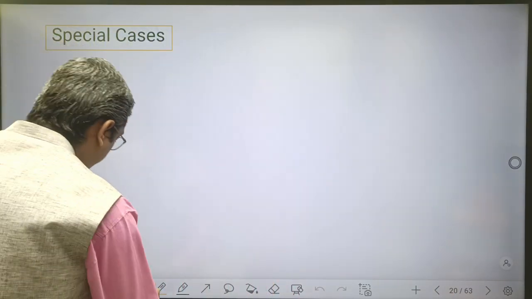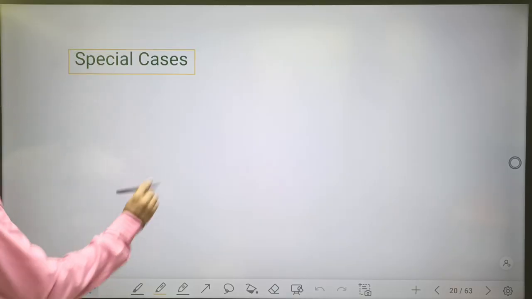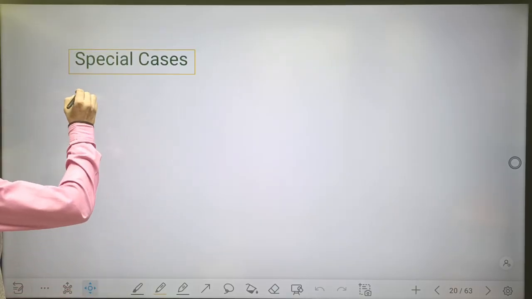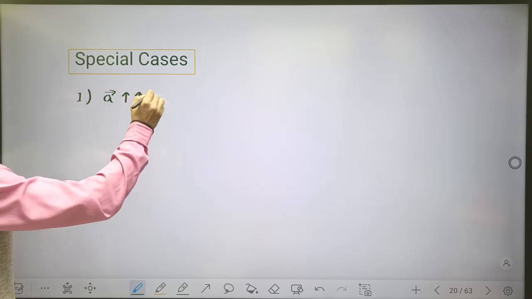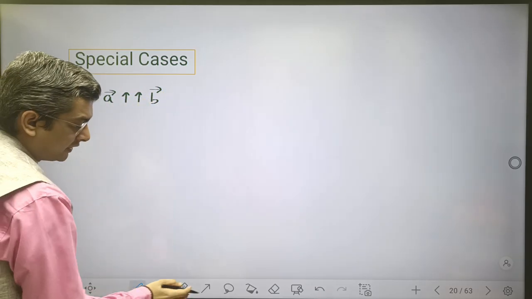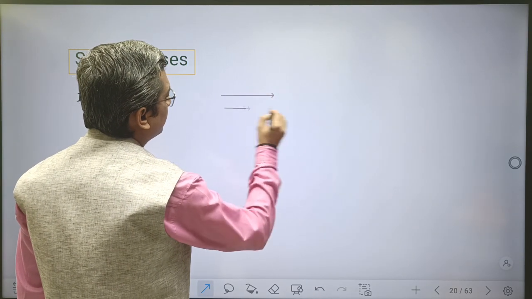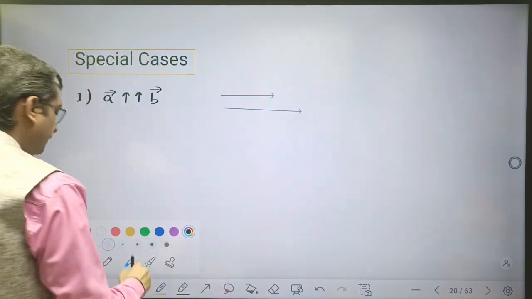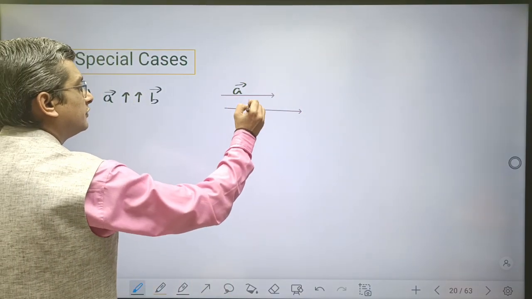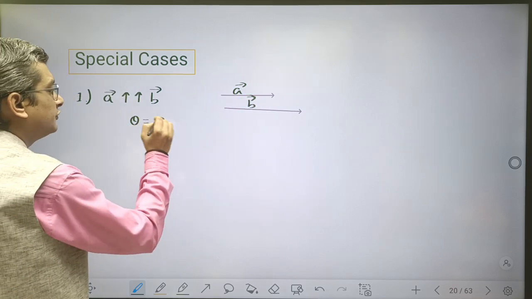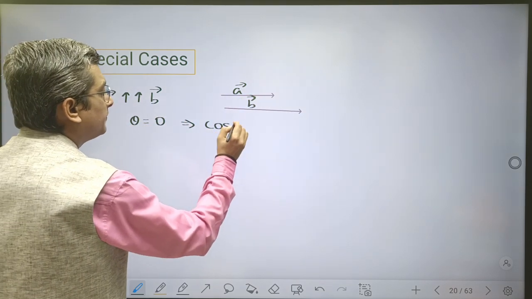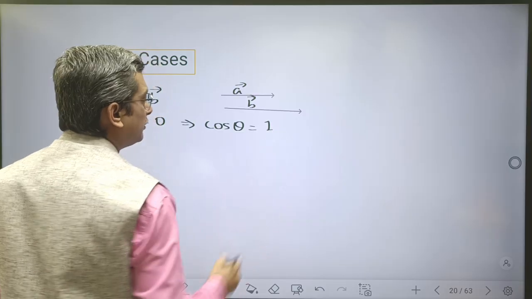Now special cases, this is very important. Let us suppose special case number 1, when A is parallel to B. This is vector A and this is vector B. Both are parallel to each other. In this case, theta becomes equal to 0 and cos theta, that is cos 0, is equal to 1.